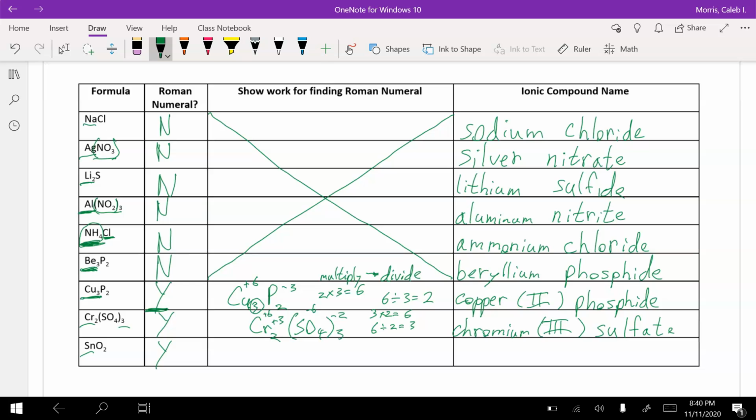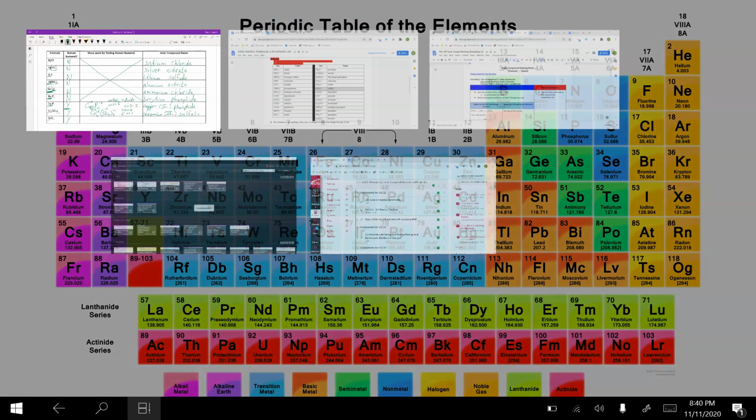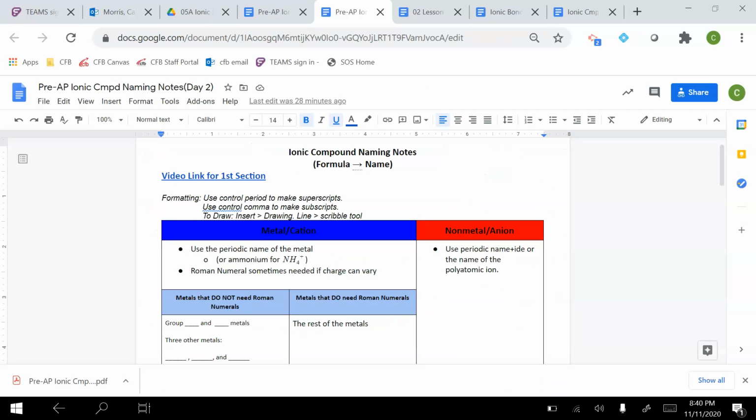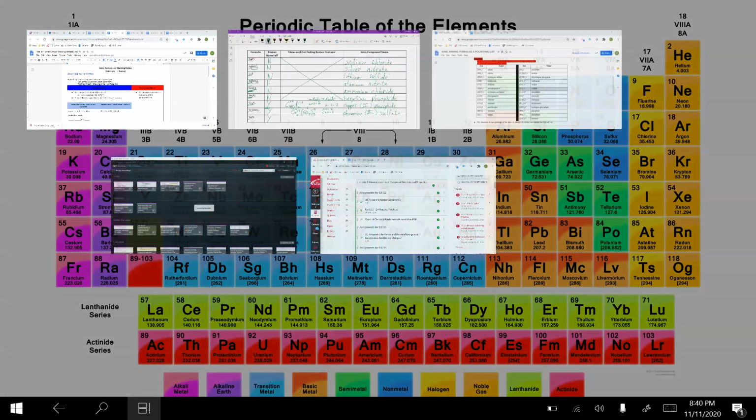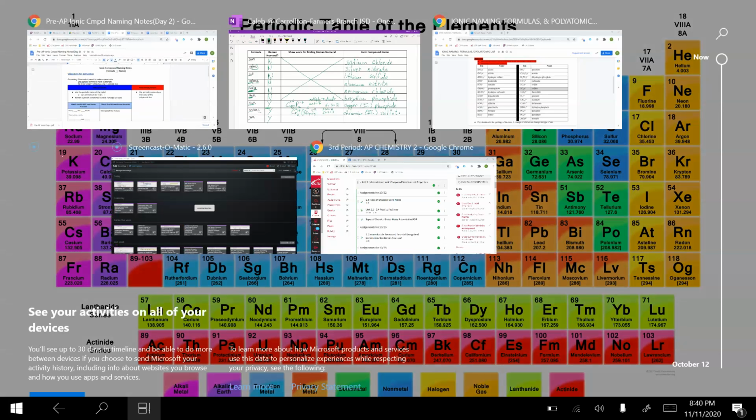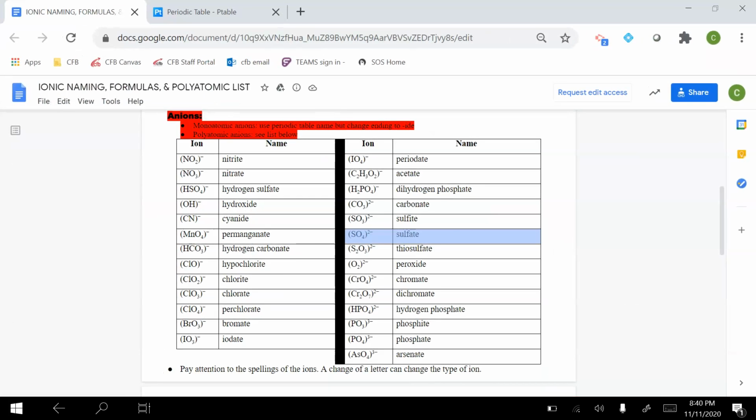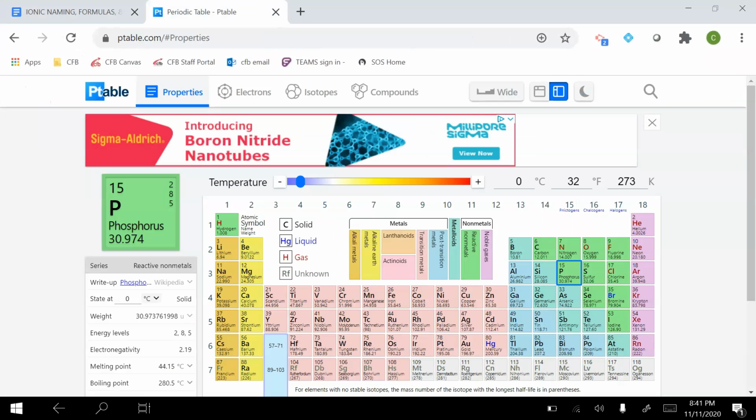And then SnO2. Sn, if you find it on the periodic table, I guess I should be giving you guys the practice looking at that. Sorry, wrong tab. Sn is right here. That is tin, T-I-N, tin.